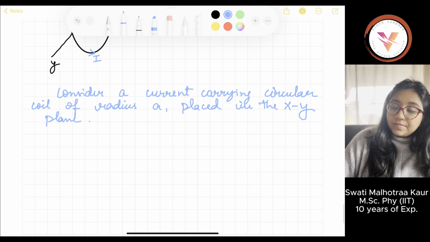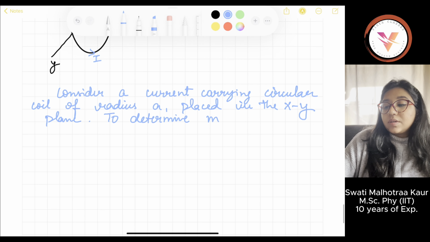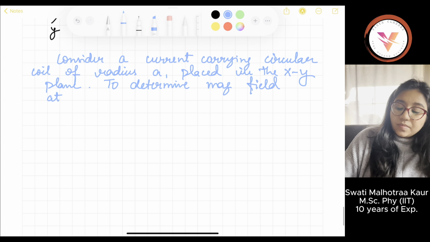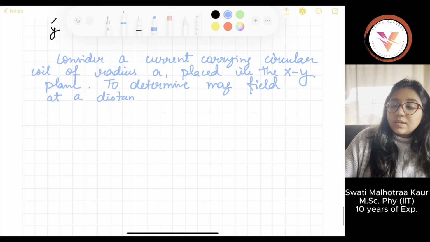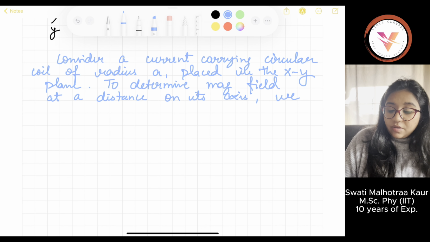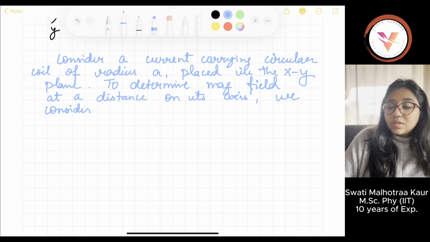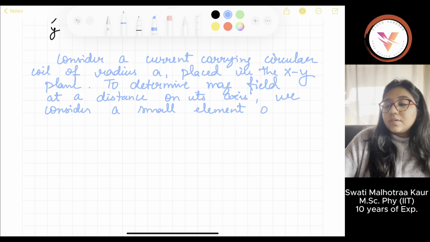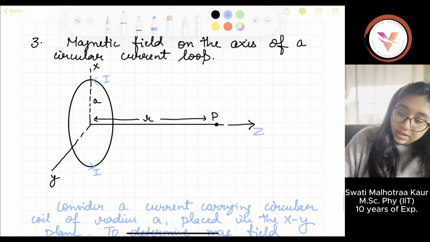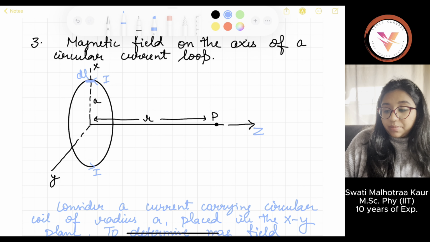So to determine the magnetic field at a distance r on its axis, we consider a small element of length dl. Consider this small element dl and also this other small element dl.